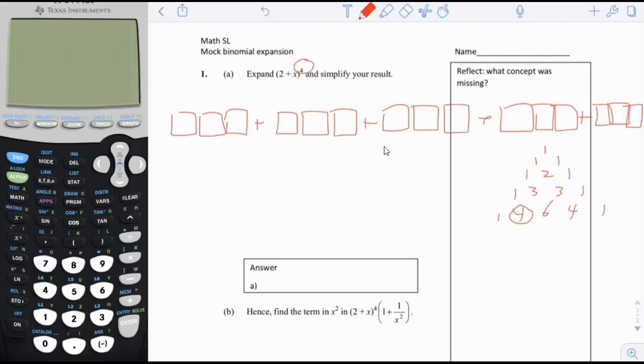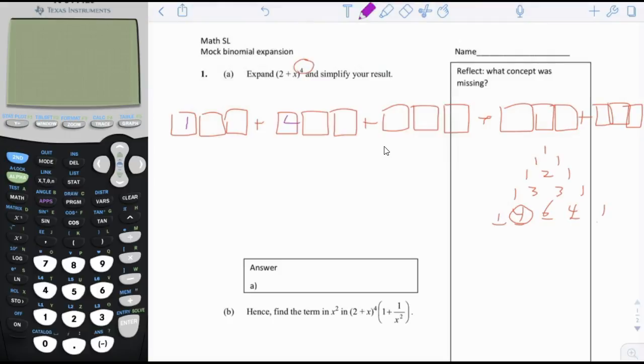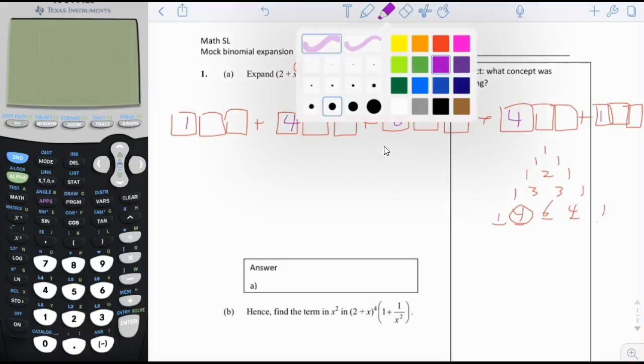Okay? The first term is going to be the Pascal's triangle coefficient, so you could put 1, 4, 6, 4, 1 in the first box. So let's do that. 1, 4, 6, 4, 1. The next box is going to be the A term. Let's use green.